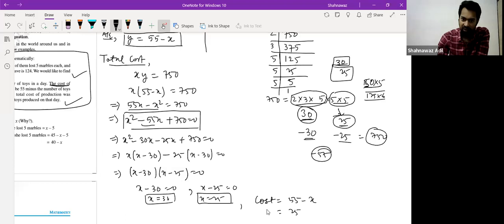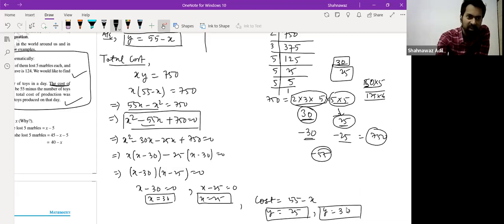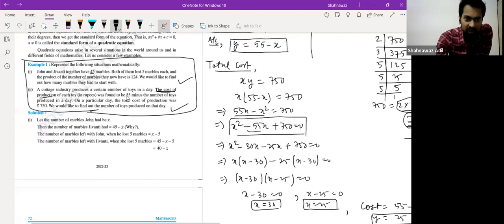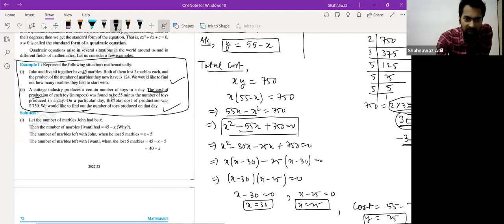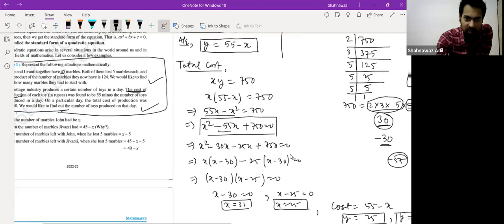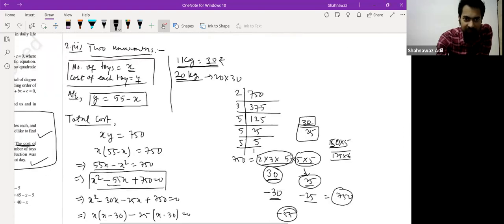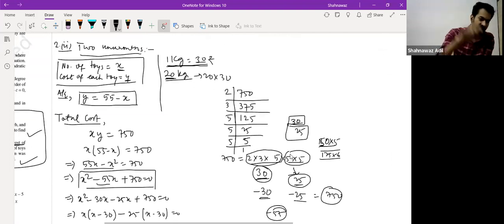And if X is 25, then that would be 30. Did they mention which is the greater one? They didn't, so both would be correct. They didn't mention who is greater, so both will be correct. So you guys can note it down.